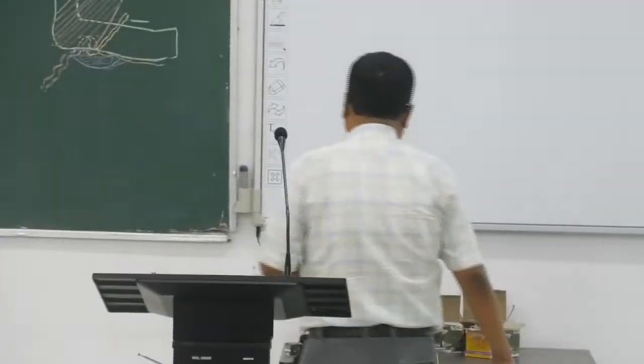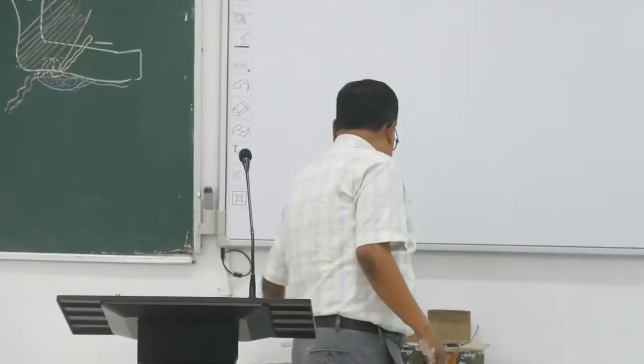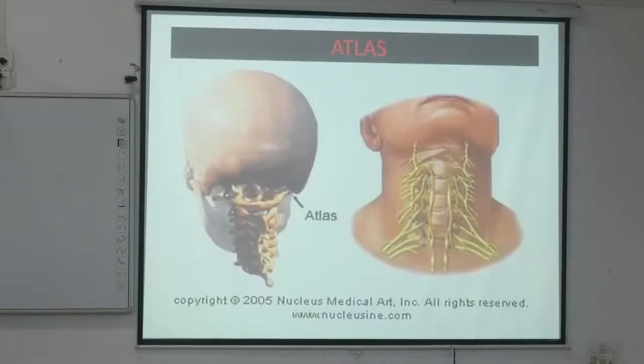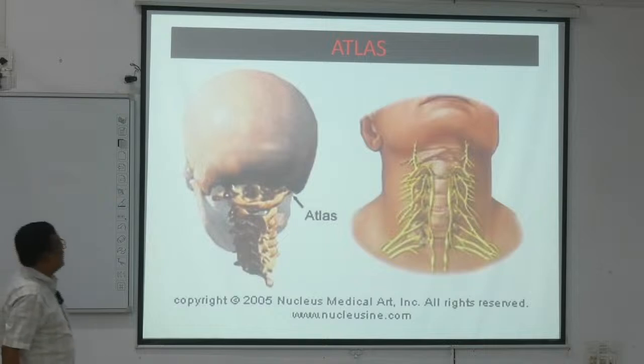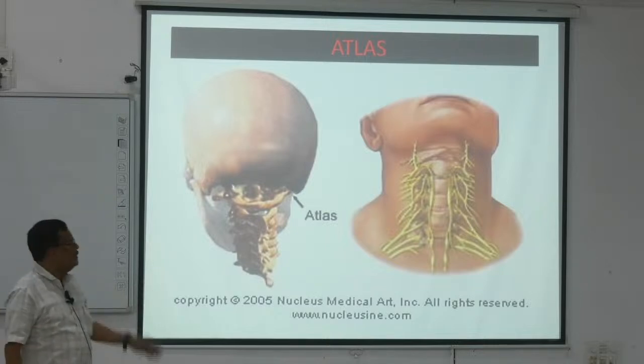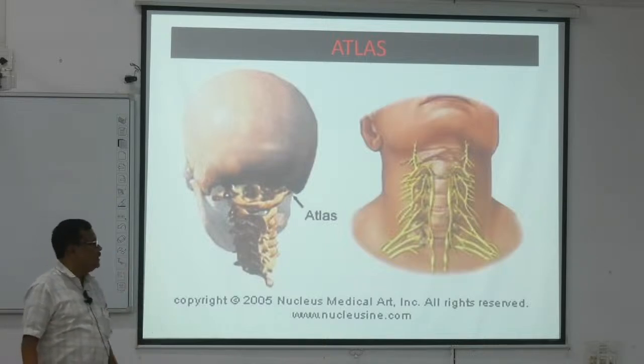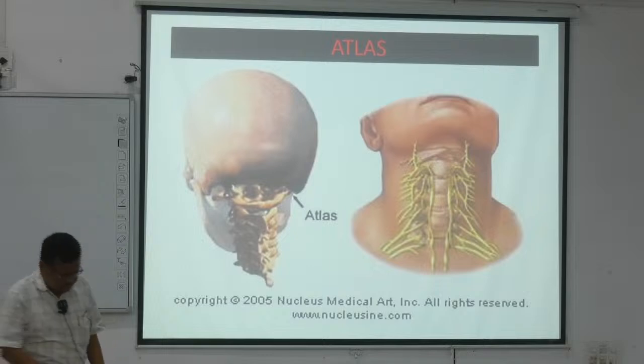Okay, now I move on to the joints, leaving the posterior triangle. Craniovertebral joints. Cranio means cranium and vertebral means vertebra. As I told yesterday's batch, you already know the first cervical vertebra is known as the atlas, right?